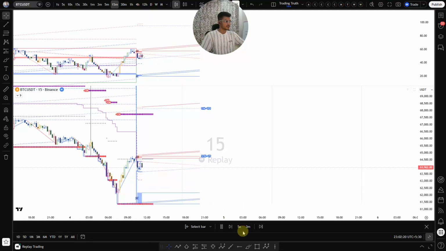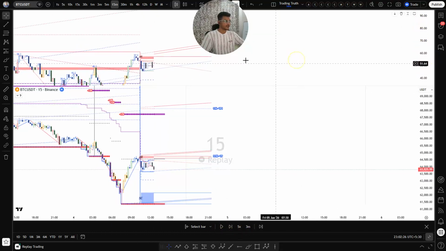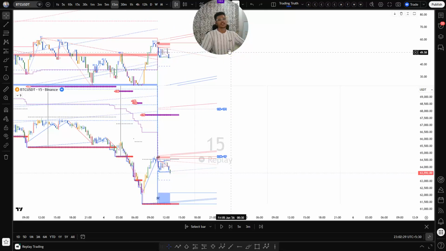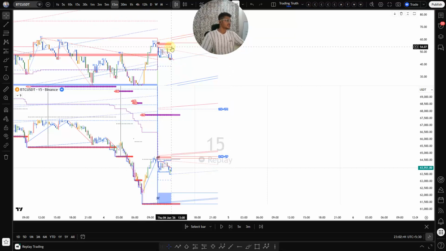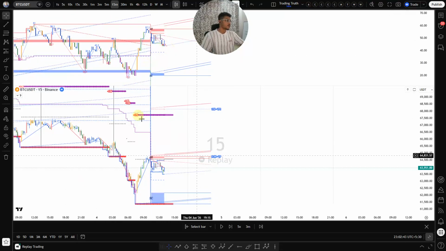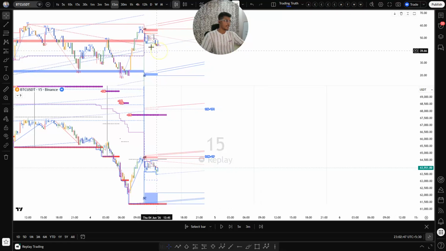Here we see, now for trade entry on individual candle, we need to look at the RSI, modified RSI, which I now call Trading Truth Index. Whatever we have here, we also do the same thing here, but it's actually scaled to the RSI.